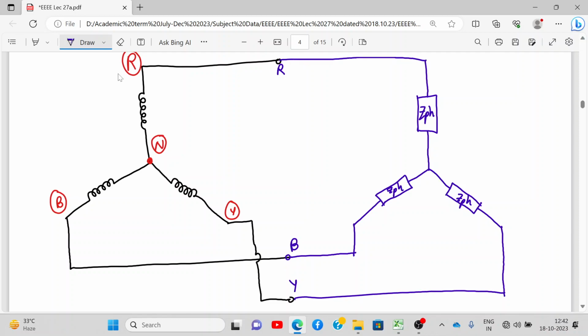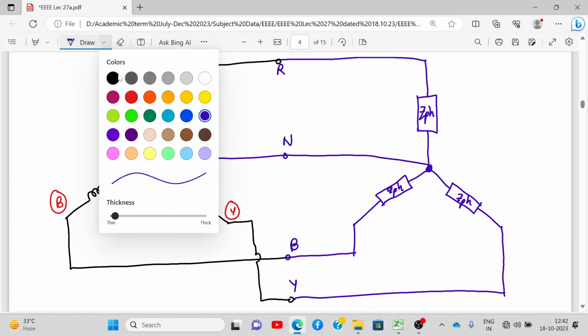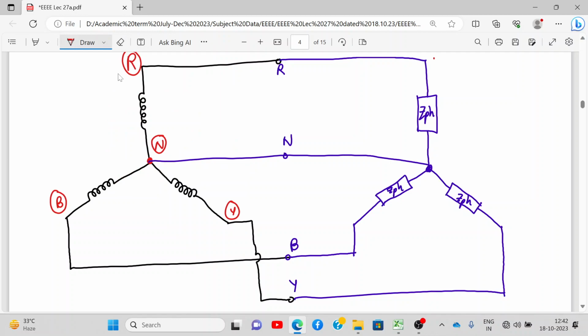There is one more thing which will go: neutral. Where is neutral for this? Here. So these also are connected. So this is neutral. So this is R. This is Y. And this is B. This is neutral. Okay. Please draw it.